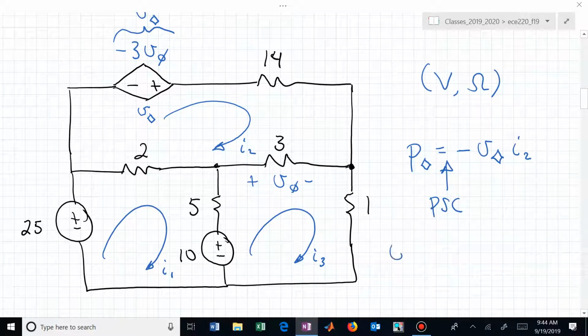V sub phi is now 3 times I3 minus I sub 2, in the direction positive to negative, left to right. That 3 times I3 minus I sub 2 will give us the correct v sub phi.